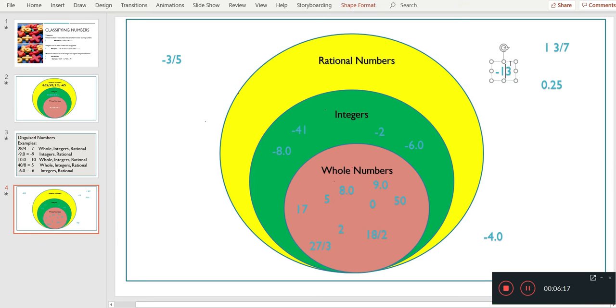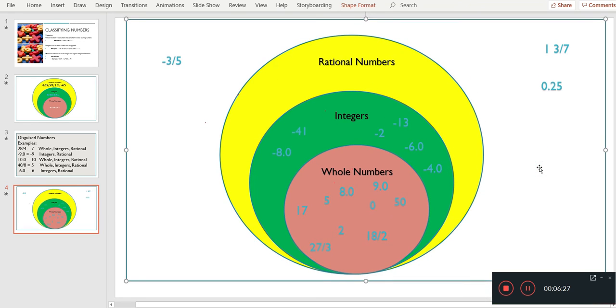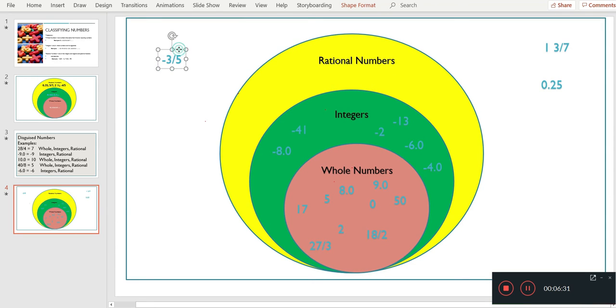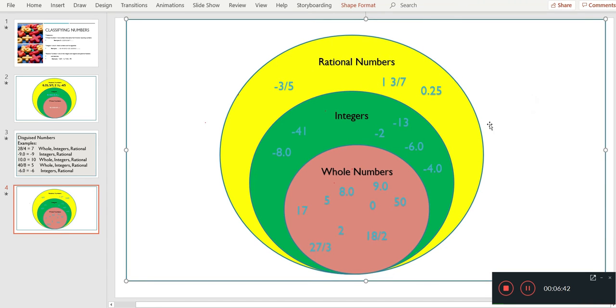We have negative 13, right? And negative 0.40, it's just an integer at negative 4. And the rational numbers we have are negative 3/5, 0.25, and 1 and 3/7.